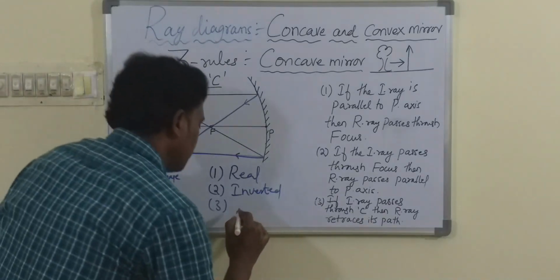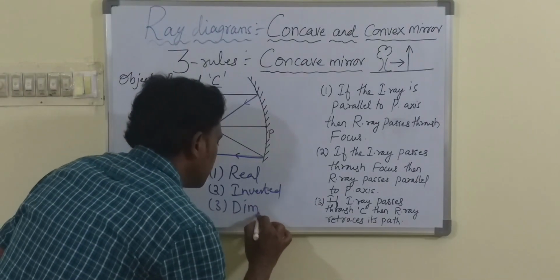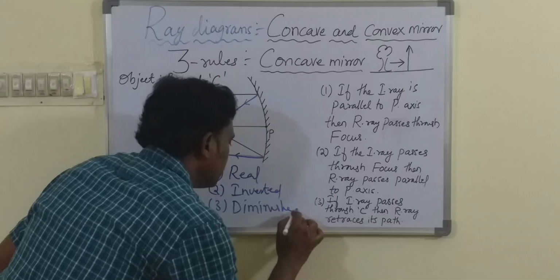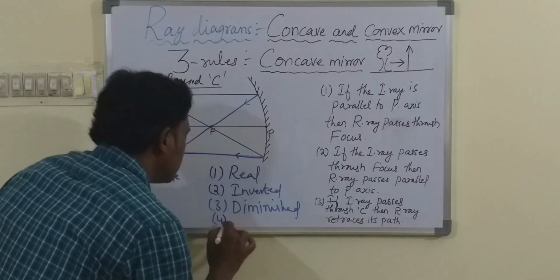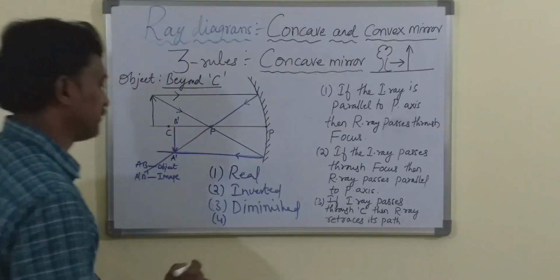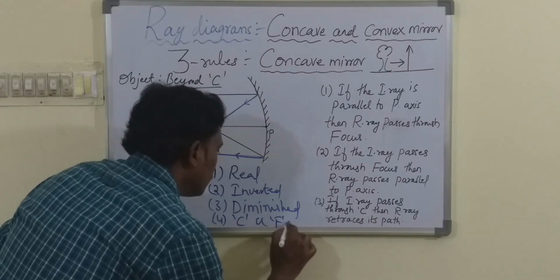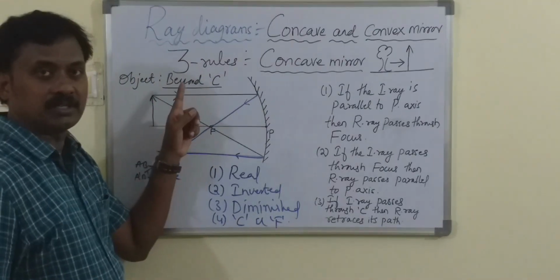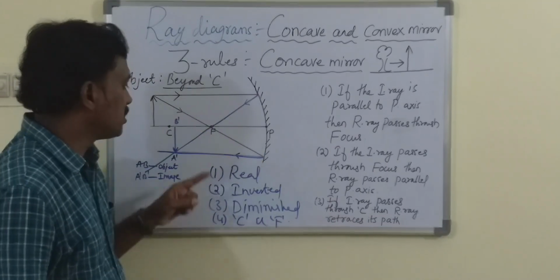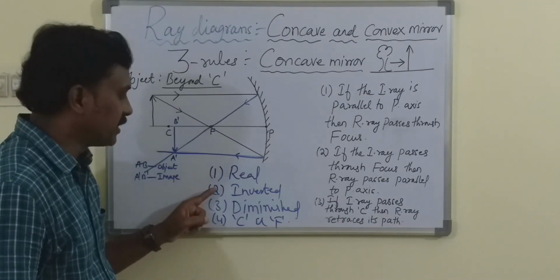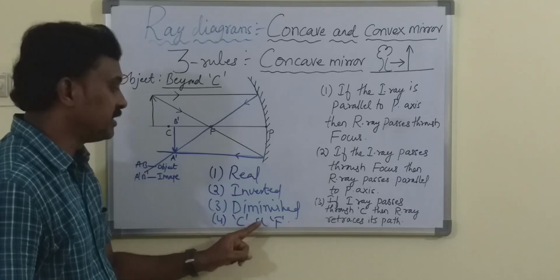So it is a diminished image. And what is the position? The image position is between C and F. So when the object is beyond C, the characteristics of the image are: it's real, inverted, diminished, and between C and F.